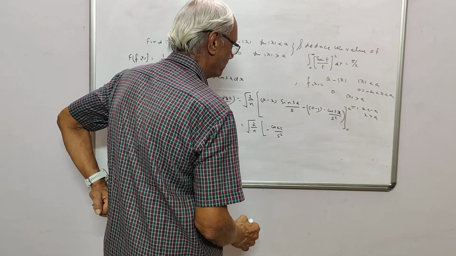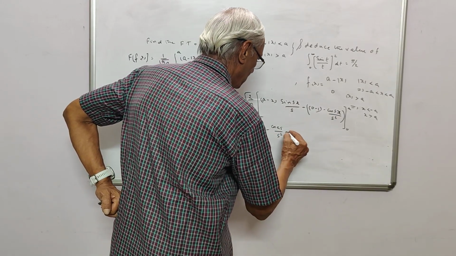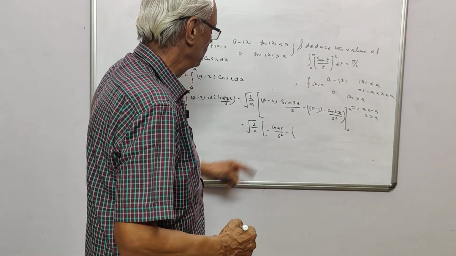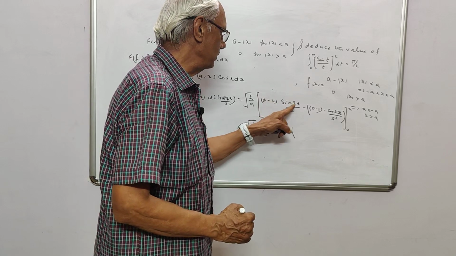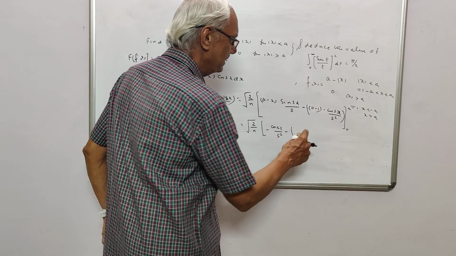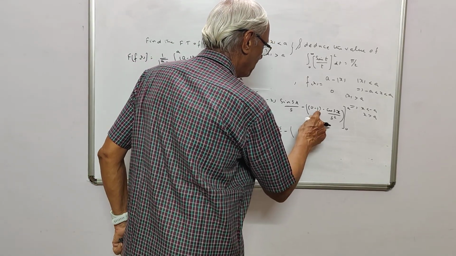Put x is equal to a. Then minus, use the second limit. If you use the second limit, sine 0 is 0, so don't worry about this. And you see that this is minus into minus, plus.